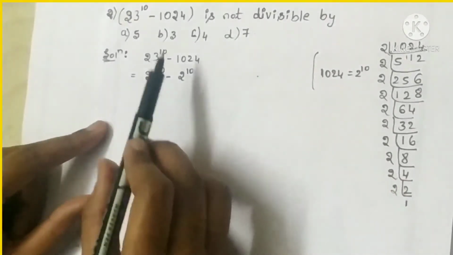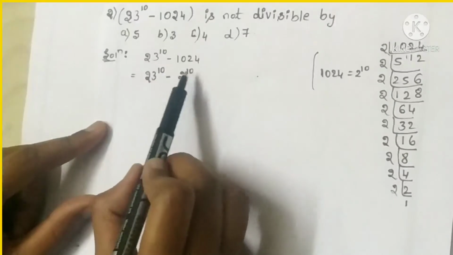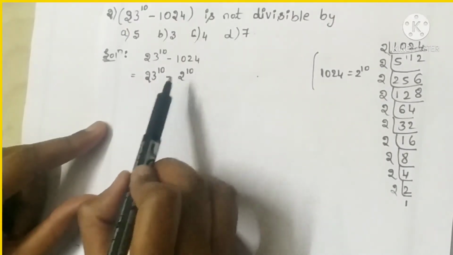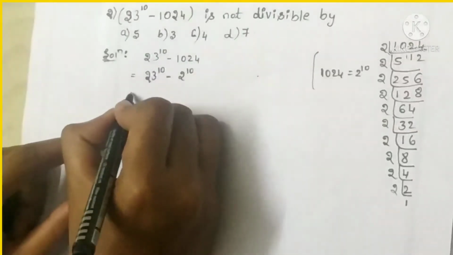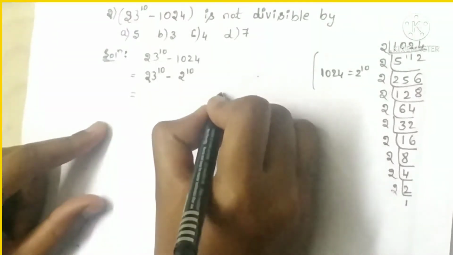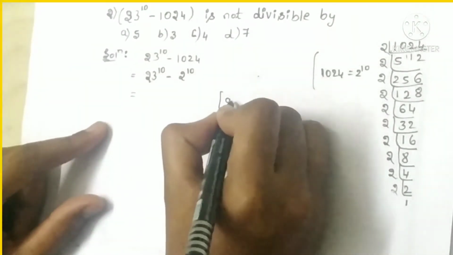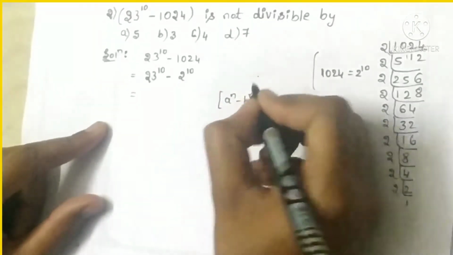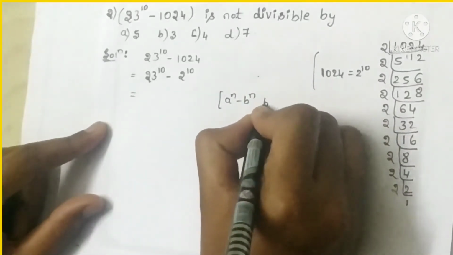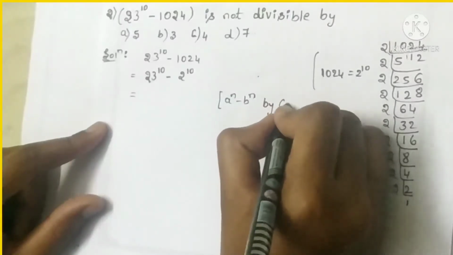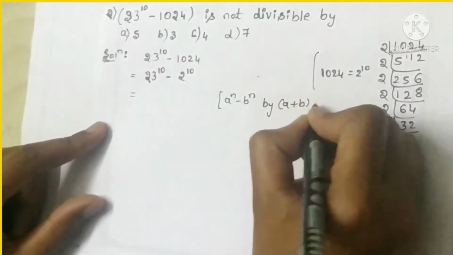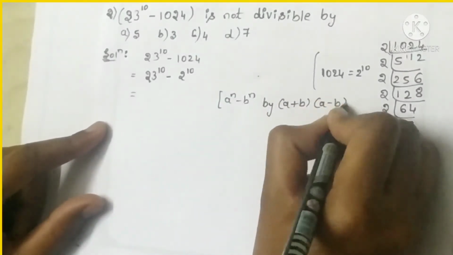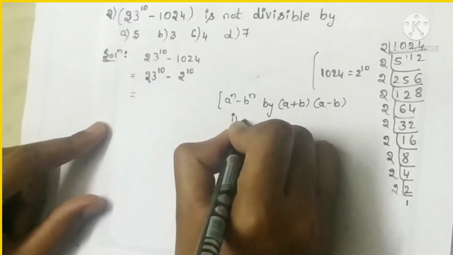Here if you look at the power, both powers are even. So I apply rule number 1. What this rule number 1 says is that a to the power of n minus b to the power of n is divisible by a plus b and a minus b if n is even.